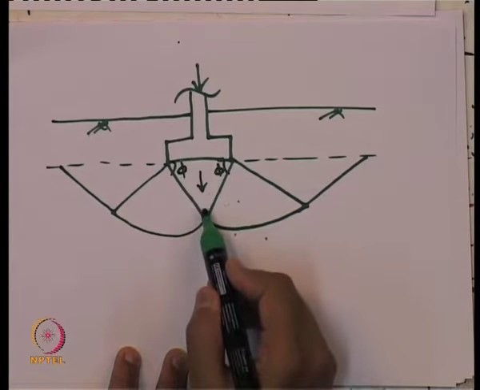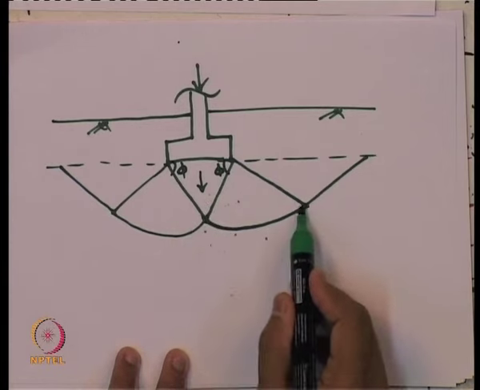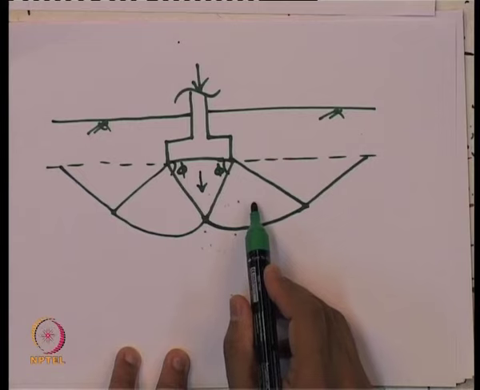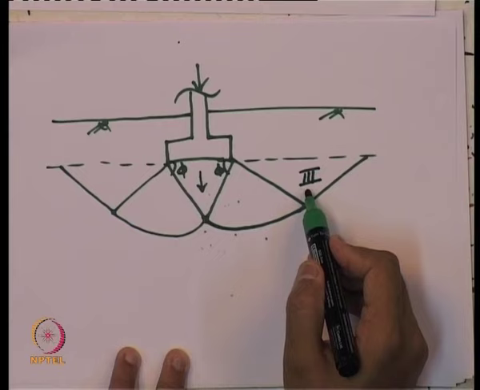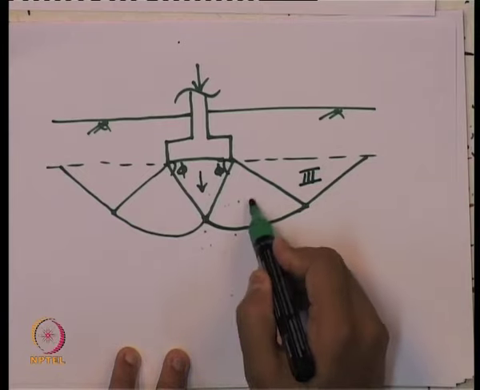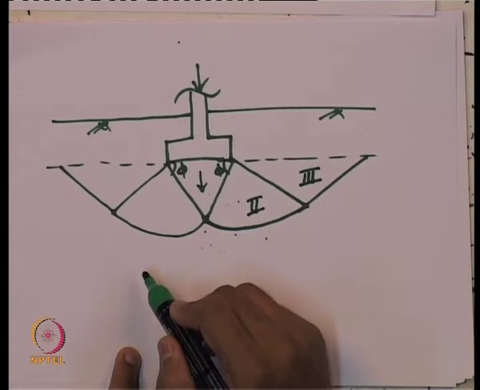This is zone 1, which is named the active zone. This is zone 2, which is the log spiral zone, and this zone 3 is the Rankine passive zone, right. This is the log spiral zone and it is asymmetrical under the static condition.